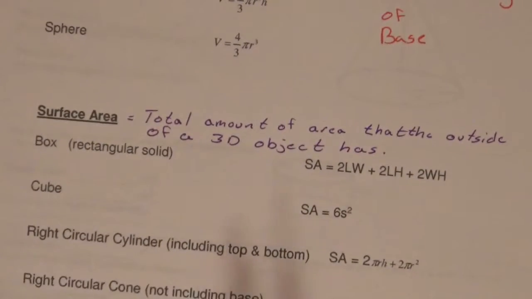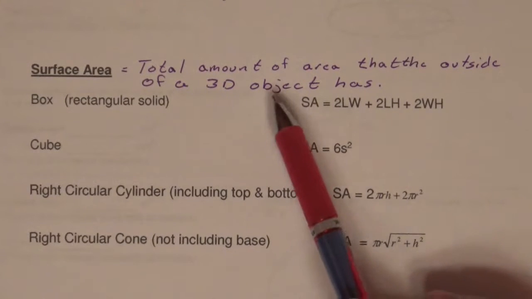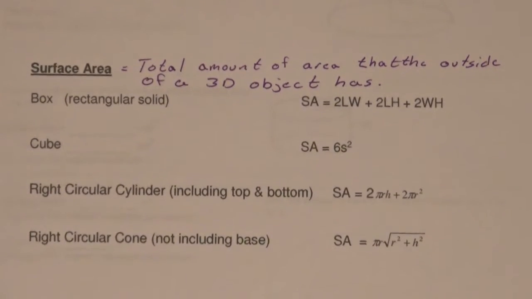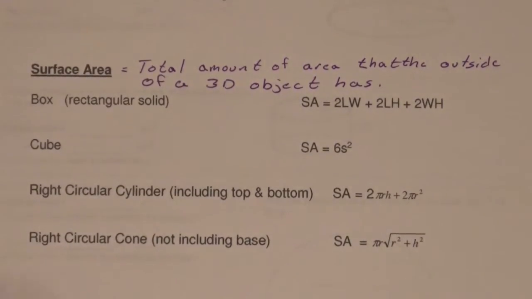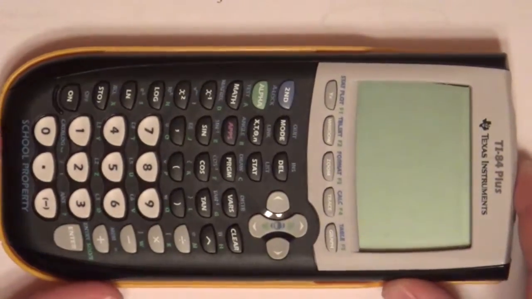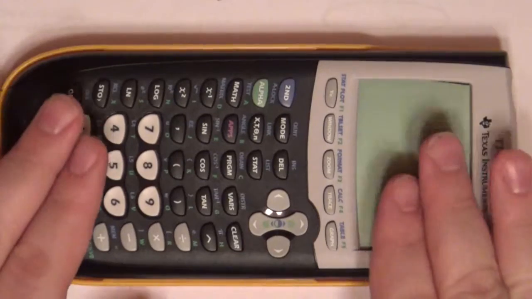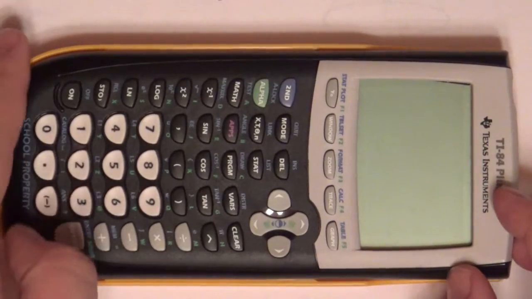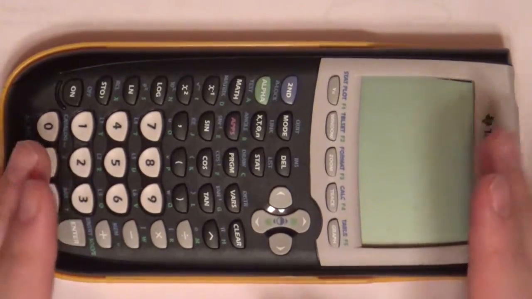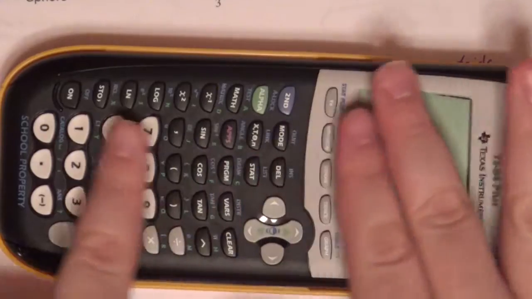The other thing that we're going to mention here is surface area. Surface area is the total amount of area that the outside of a 3D object has. What do I mean? Going back to my calculator, if we were looking at it flat on, we could calculate the area of just the top by multiplying the length and the width. That would give me the area of just this one side. But I don't want the area of just one side.